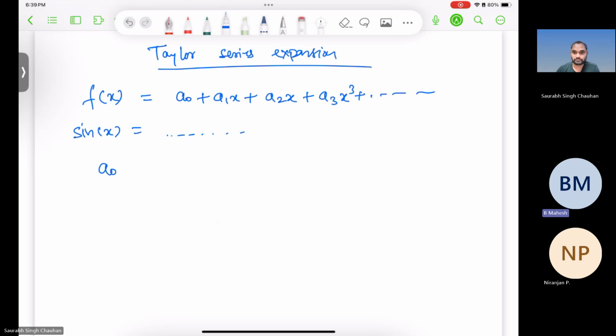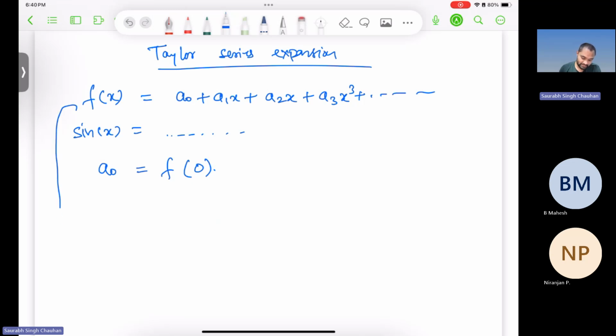Substitute x value 0. Put x is equal to 0. So a0 is equal to f(0). Now you need to find a1.